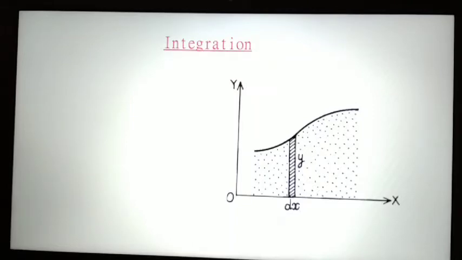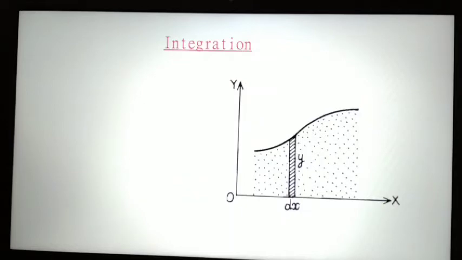And to get the total area, what to do? You have to make the left extreme of dx go to x1 and the right side of dx go to x2. Then that strip will enlarge into the total area.